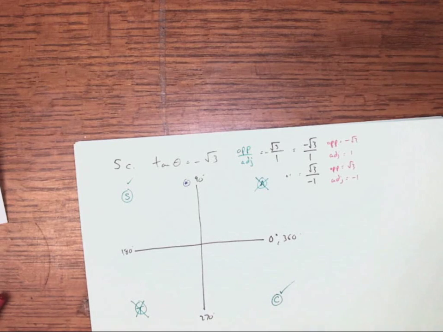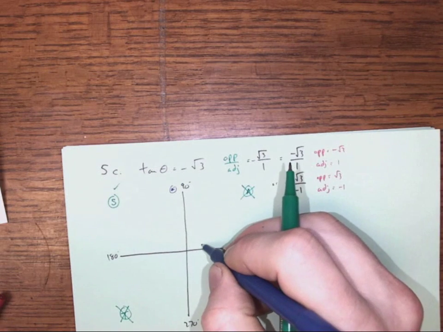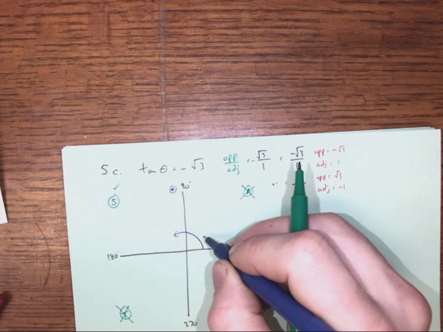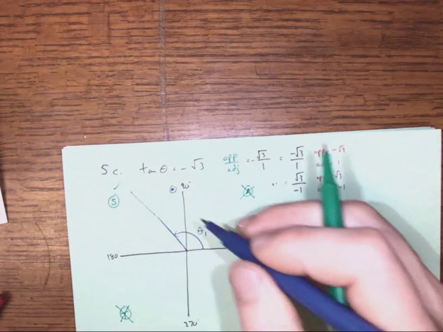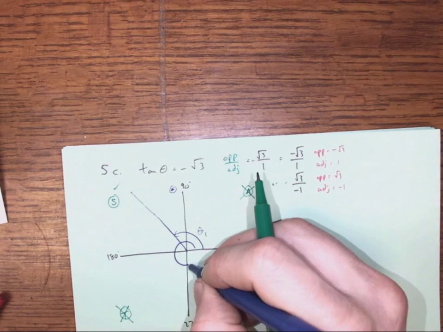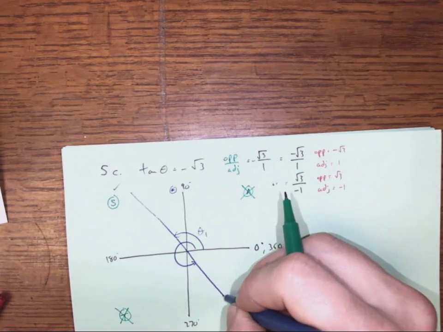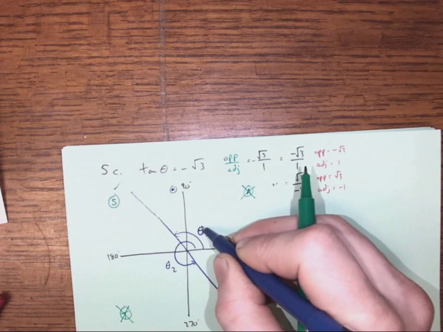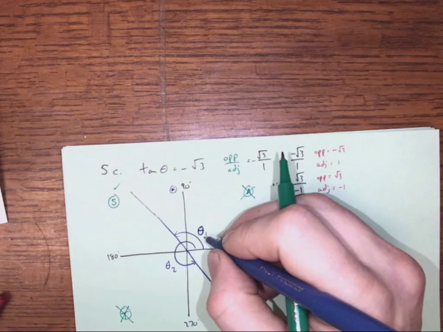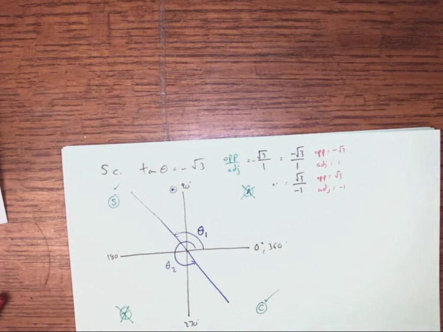It could terminate in this quadrant, or it could terminate in this quadrant. And we'll call these θ1 and θ2. All right. So I can draw reference angle triangles in here, not to scale actually.